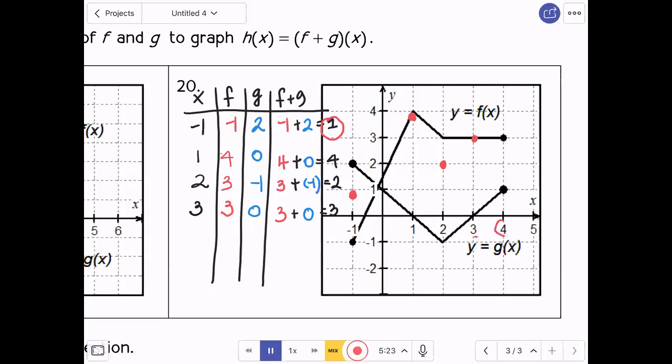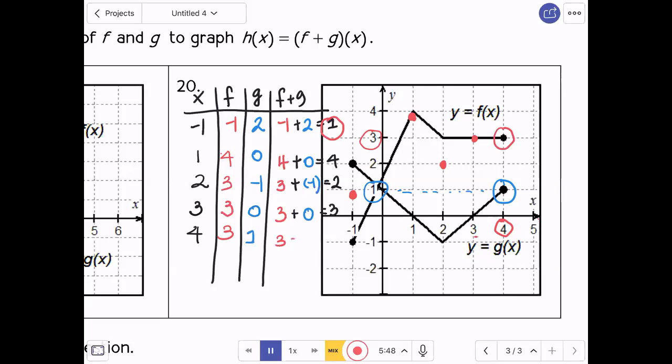And for the last, at 4, your f function is here, and at 4 your g function is here, and your y value is 1.